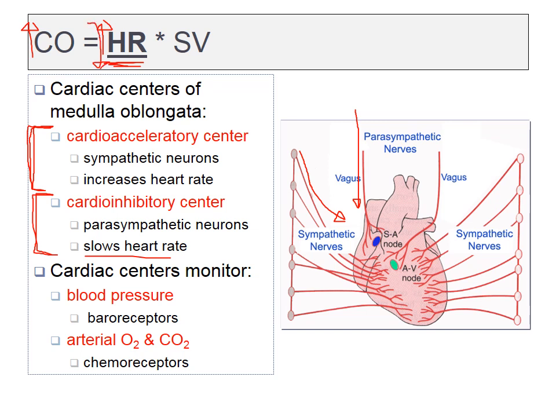But if we decreased heart rate, that would decrease cardiac output. And of course, as we discussed, these fibers are under the control of the medulla oblongata, which receives inputs from baroreceptors as well as chemoreceptors found in the aorta and carotid bodies.